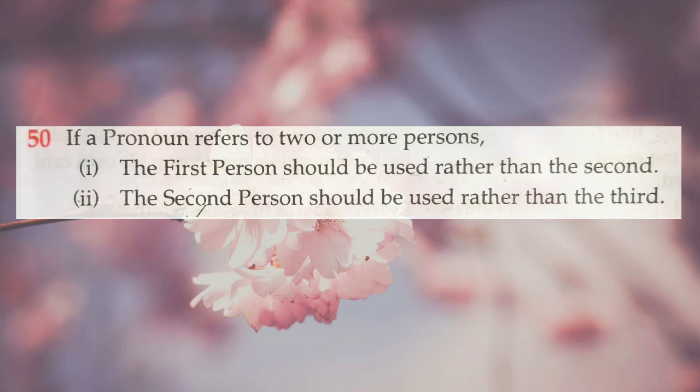For example, "He and I should do our duty." Here the word I have used is "our," which is for first person, because third person is there and first person is there. Who is the lower? First person is lower. So I will use the pronoun for first person and not for third person.